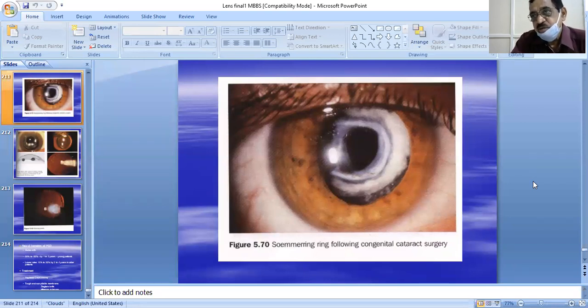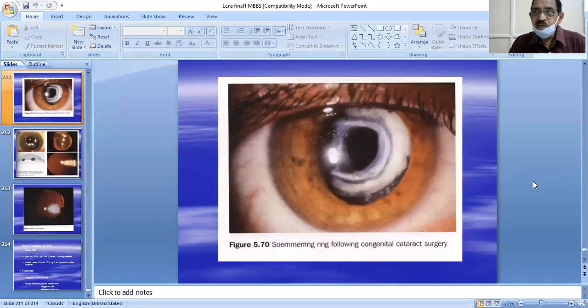Suppose the patient has -18, we calculate what power of phakic IOL should be inserted, and we put in that IOL, and the patient will have normal vision in the immediate post-operative period.